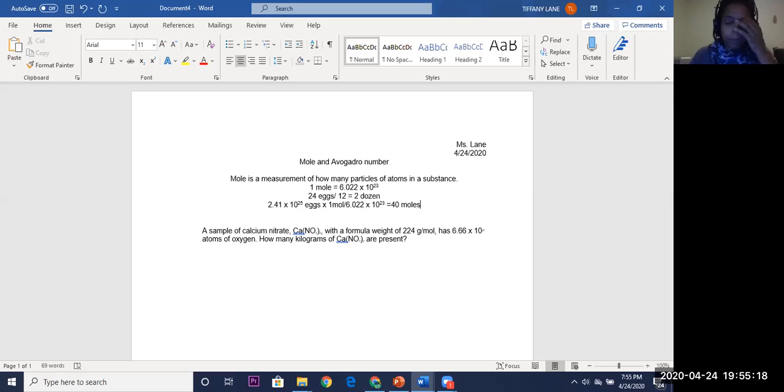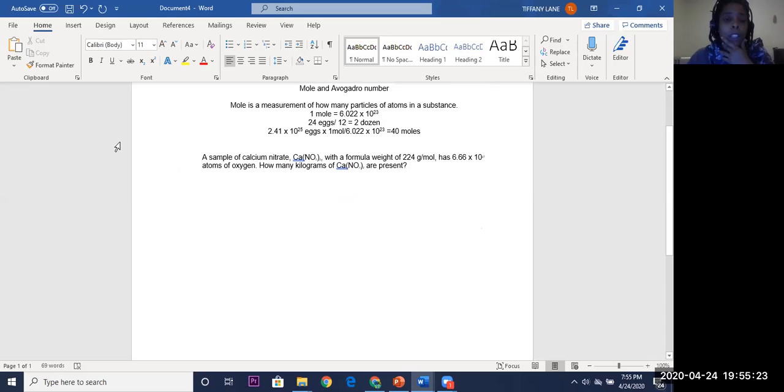Okay, enough of that. Now when we look at the question, it says a sample of calcium nitrate with a formula weight of 224 grams per mole has 6.6 times 10 to the 27 atoms of oxygen.